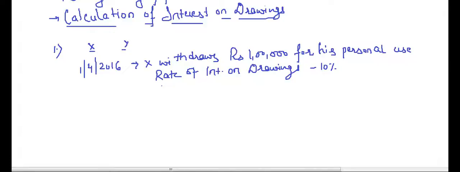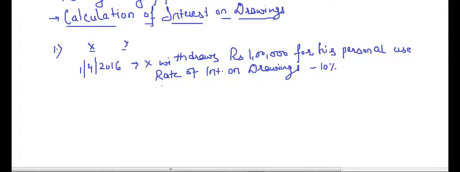This money is kept in the firm's bank account. Now the firm will earn interest for the whole year on this 1 lakh, right? But now X is withdrawing this money from the firm's bank account and the firm is losing interest on this amount from the bank. So X will have to pay interest on this 1 lakh at the rate of 10%.